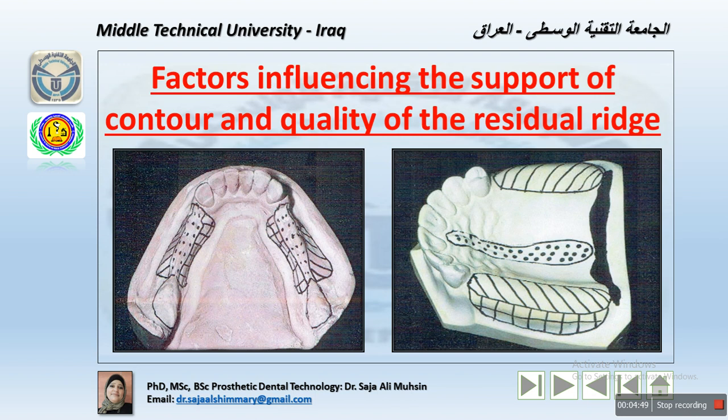Loss of firm mucosa overlying the residual ridge is common following tooth extraction in the posterior mandible. Therefore, the crest of the mandibular residual ridge cannot be a primary stress-bearing area.